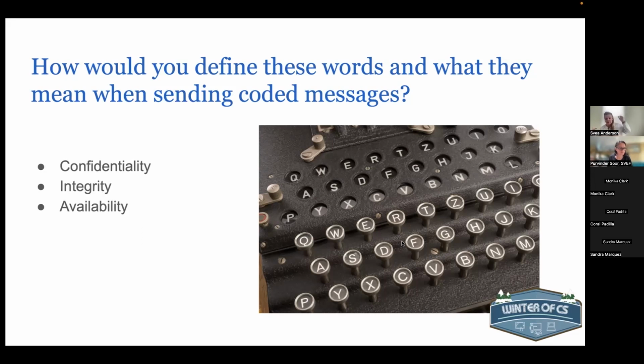And then really, thinking about availability, you're right. The other person has to be able to solve it and it has to be accessible. So perfect. Thank you so much. So these words are all super important to think about when we're thinking about these coded messages. And we have some agencies today that work through this, like the CIA and NSA.